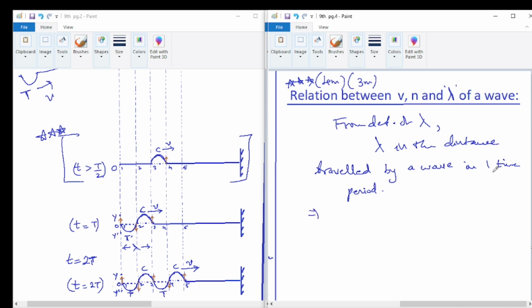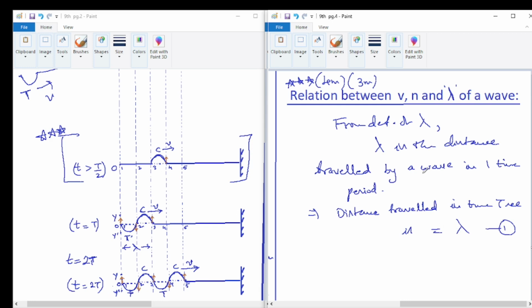What is the distance traveled in a time of one time period? It's equal to lambda. So distance traveled in time t seconds is equal to lambda. Call this equation 1.